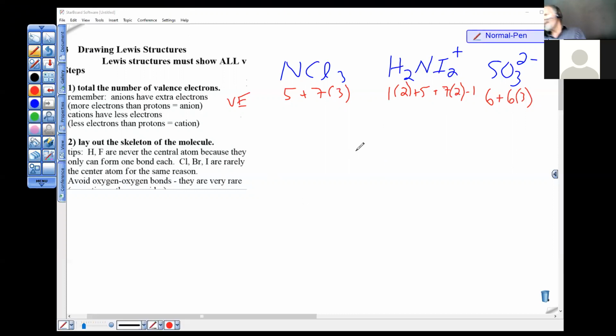Oh, 2 plus 5 is 7, plus 14, 7 plus 14, 21. Minus 1, 20. I knew I was in trouble when I had an odd number. And then, oh, this thing has 2 extra electrons. That's how it got to be an anion. So we have really 4 times 6 is 24 plus 2, 26.